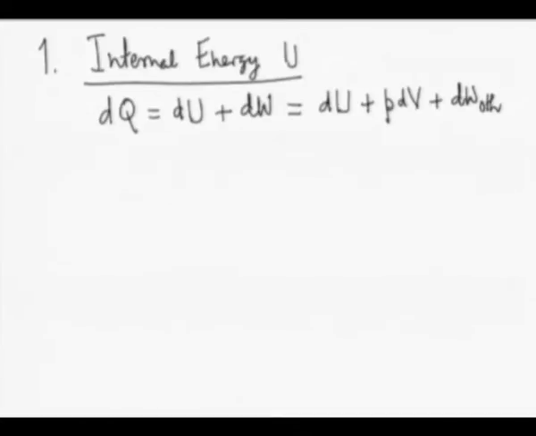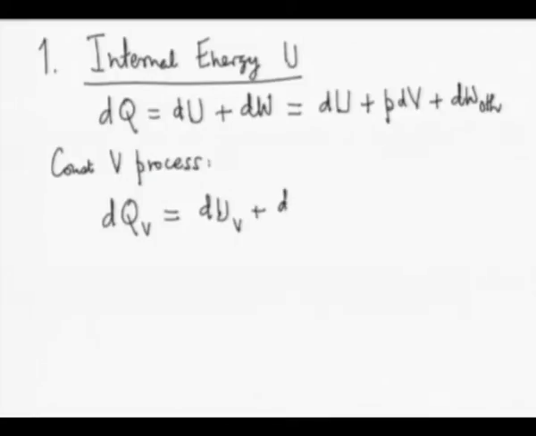Now consider a constant volume process. And what we get at constant volume is dQ equals dU at constant volume plus dW other.